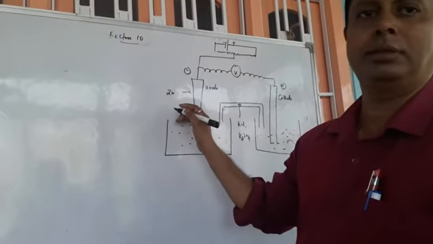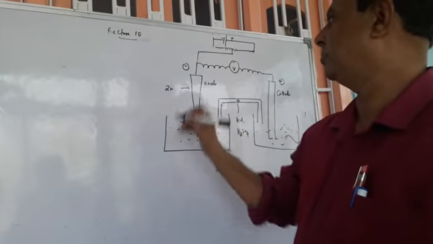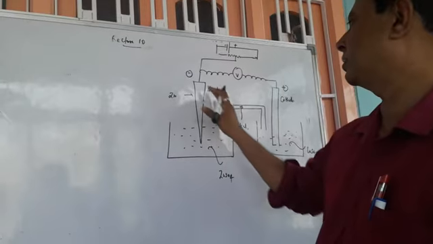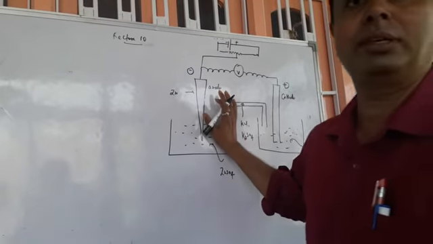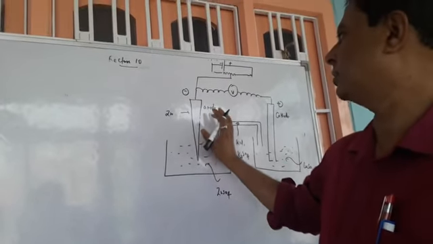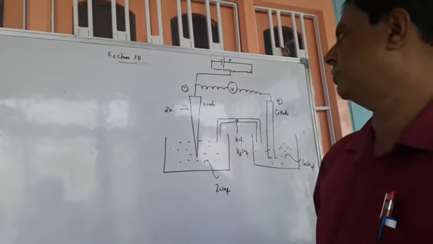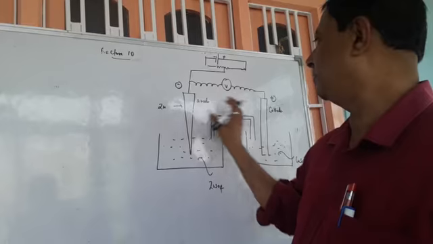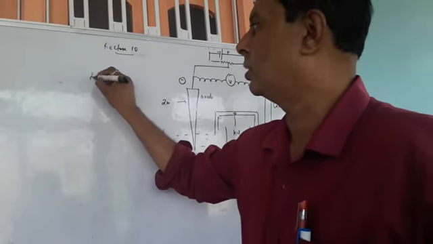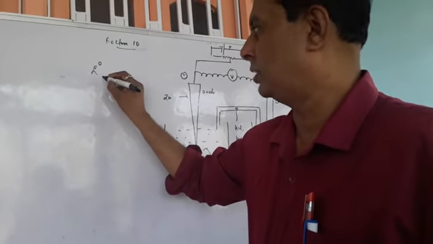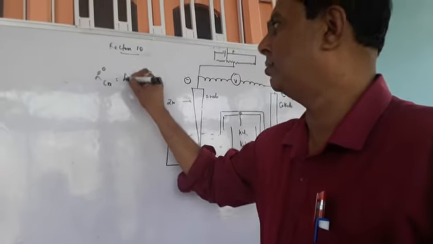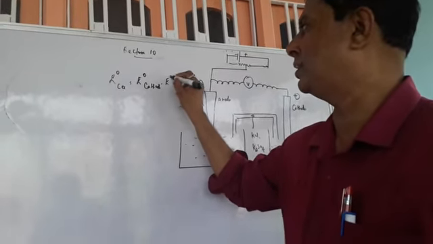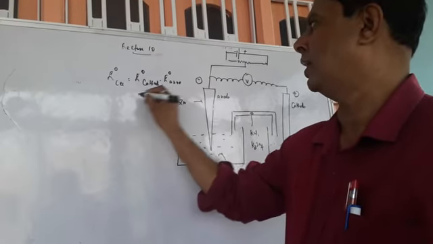In the earlier segment we discussed electrochemical cells, and this is the construction of the electrochemical cell, the Daniell cell or voltaic cell of zinc and copper sulfate solutions. When we calculate the standard electrode potential of the cell, E° cell is equal to E° cathode minus E° anode.